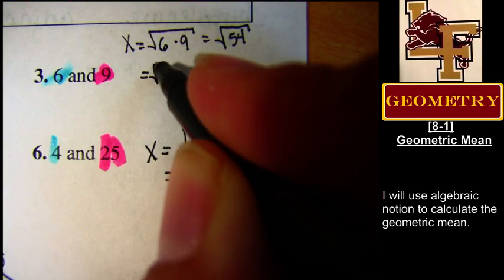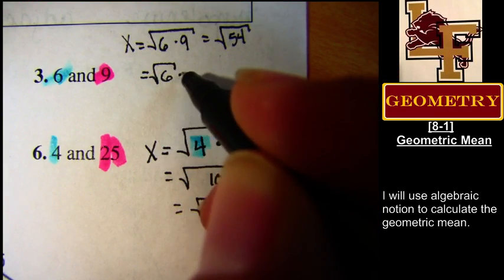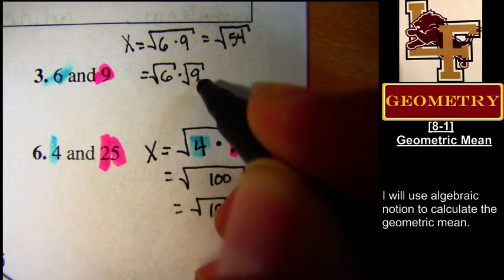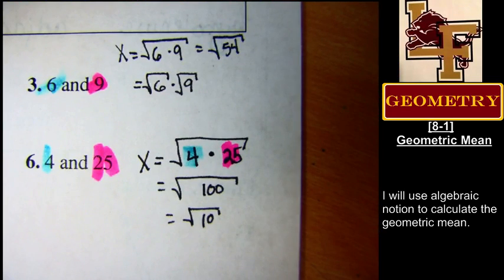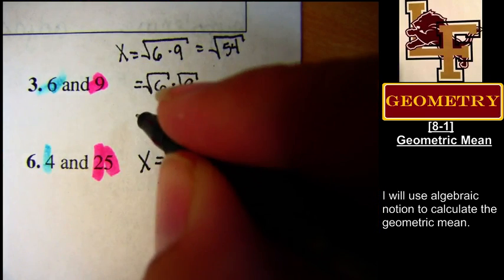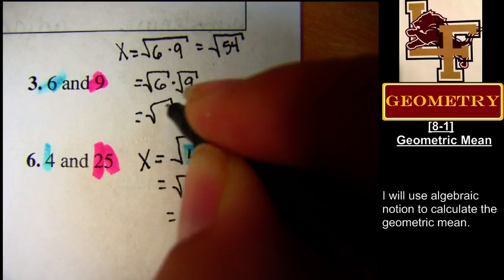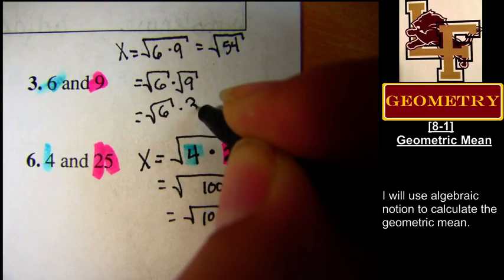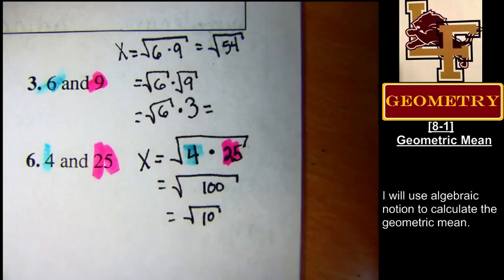So what I'm going to do is look at this pair of factors, the two numbers we multiply together to give 54, and break the square roots at the multiplication. So now I'm looking at square root 6 and square root 9. Does square root 6 have a whole number square root? No. 3 times 3 is not 6. 3 plus 3 is 6, but 3 times 3 is not 6. 3 times 3 is 9, and so 9 has the whole number square root.